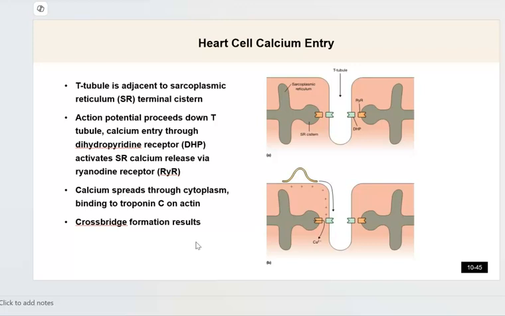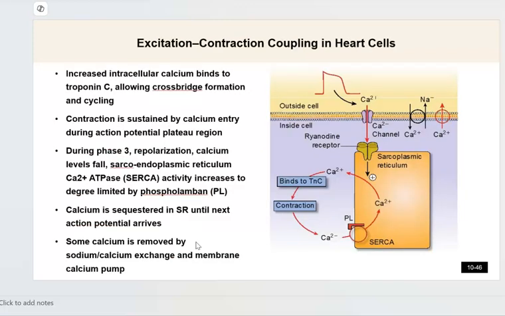The calcium spreads through the cytoplasm, binding to troponin C on actin, and we get this cross-bridge formation. This was explained again in our Osmosis videos that we watched up until this point of the cross-coupling contraction in the heart cells.